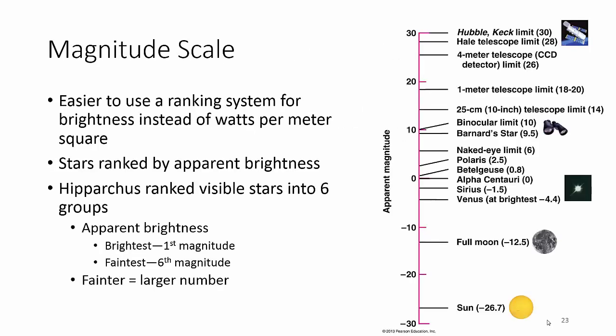All right, so here's a scale of apparent brightness, okay? What's interesting about this is the brighter we see it, so the larger the apparent brightness, the smaller the number. So the sun is a negative, very small number, negative 26.7. The moon is a negative 12.5. Zero is Alpha Centauri.